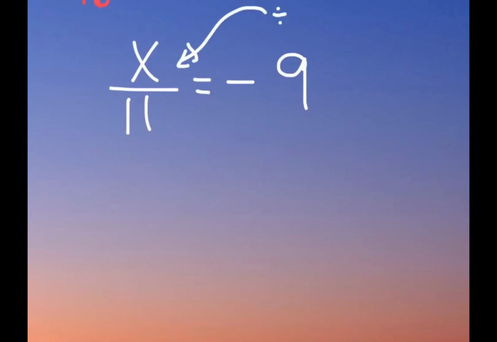So this is saying something divided by 11 equals negative 9. Let's think, what's the opposite of dividing by 11? It would be to multiply by 11. So I'm going to times this by 11. Those cancel out. Do the same thing here. And we'd get x equals negative 9 times 11, which is negative 99.